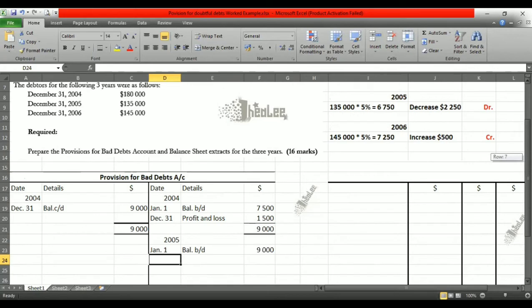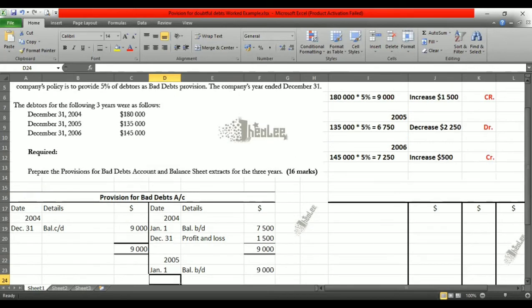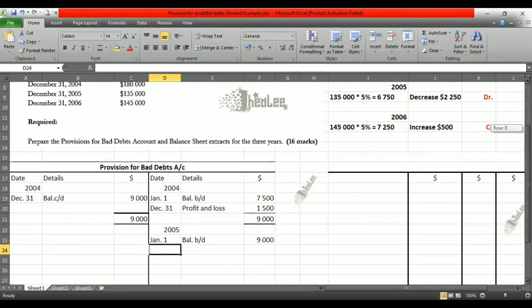Now we're into 2005. And if you look at your workings, you're seeing where there is a reduction of 2,250. And because of that, our provision account should be debited. And once there's a reduction in your provision for bad debts, remember this is a revenue. So your profit and loss account will be credited.